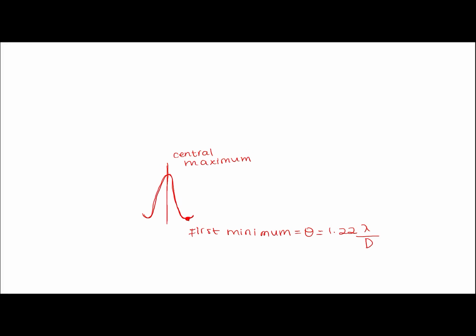So lambda is the wavelength of light, and d is the diameter of the aperture, or the lens, or the mirror. And the unit of this angle right here is radians.